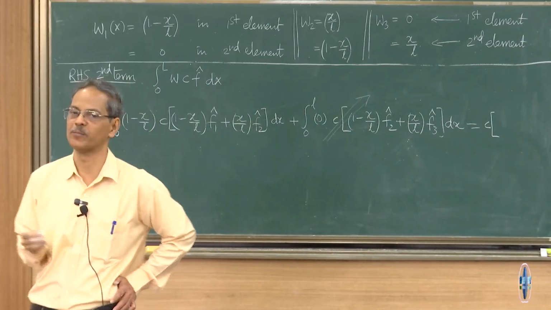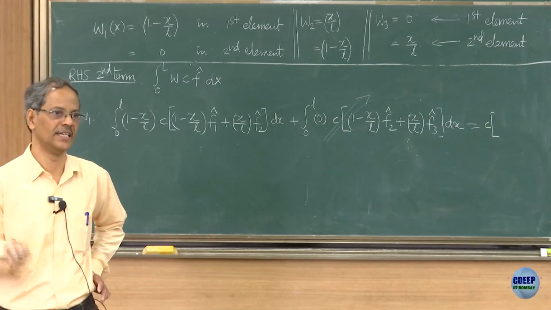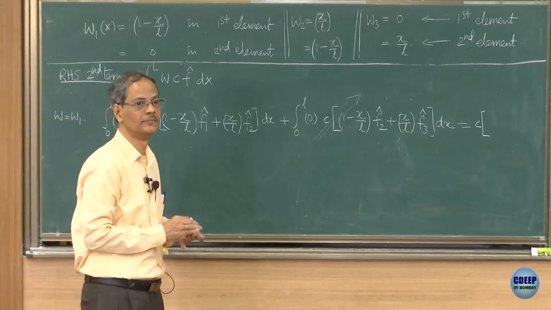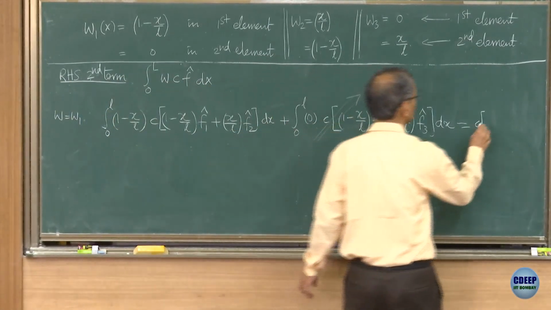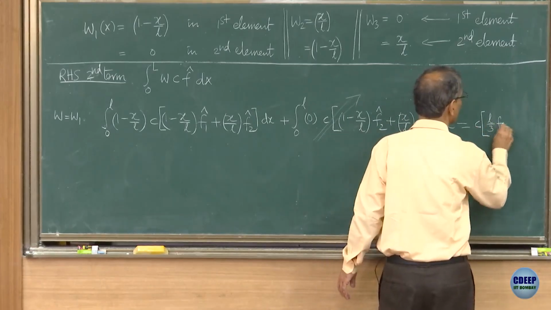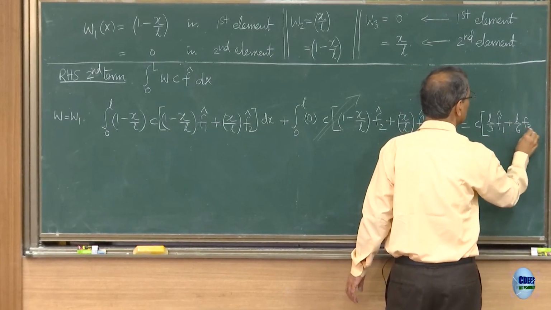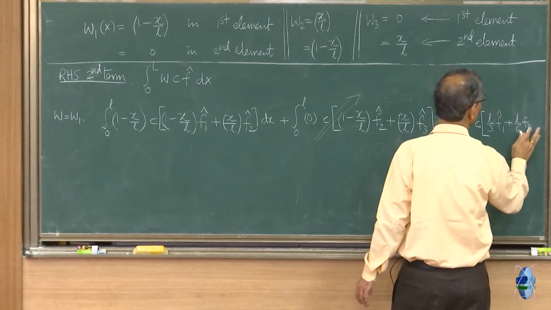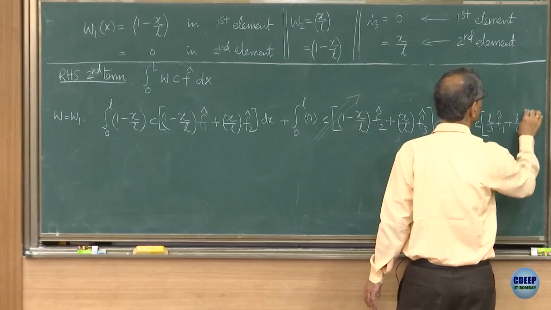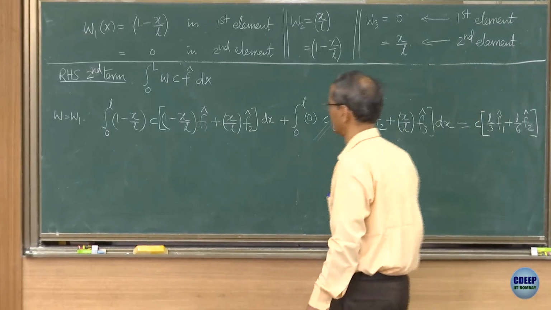Integral of 1 minus x by L squared dx. L by 3. Okay. F1 hat plus F2 hat. Okay, very good.